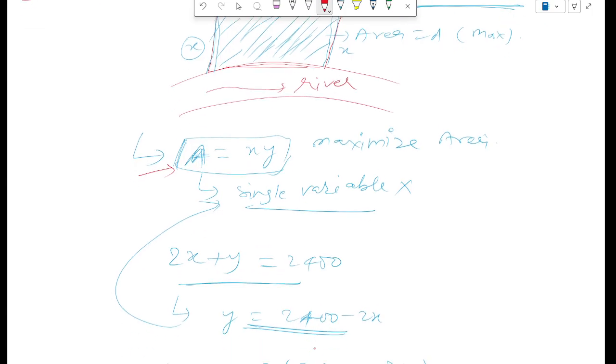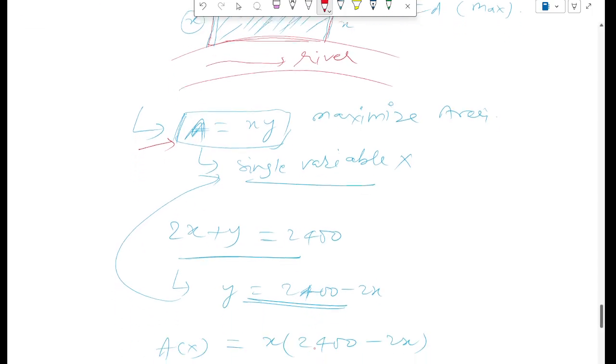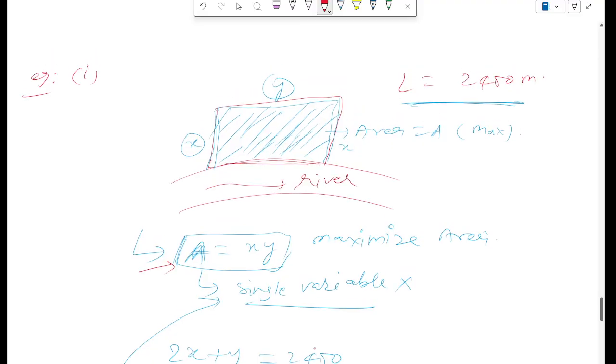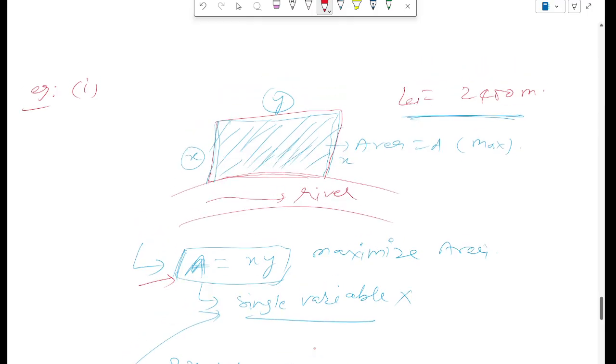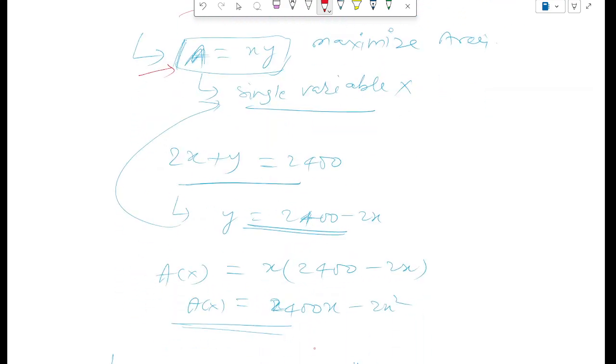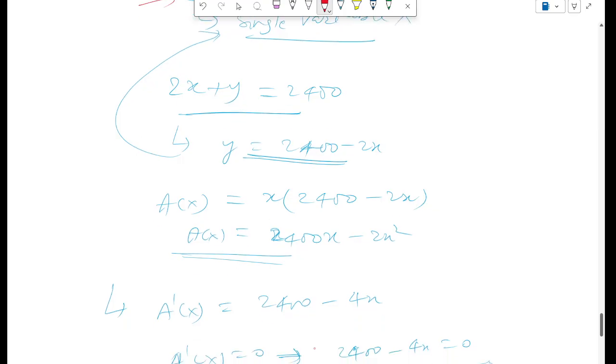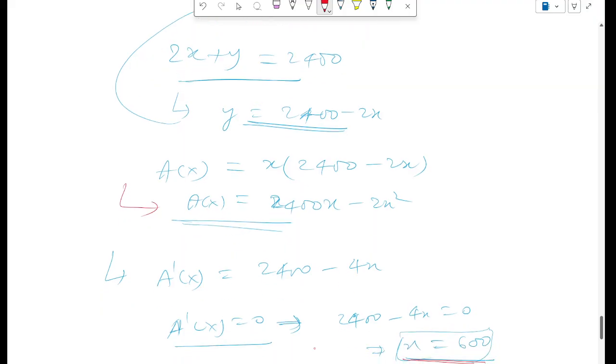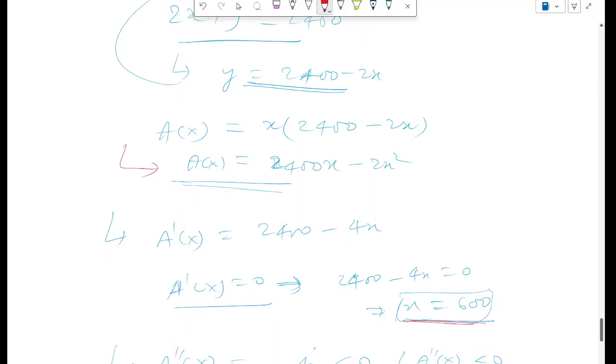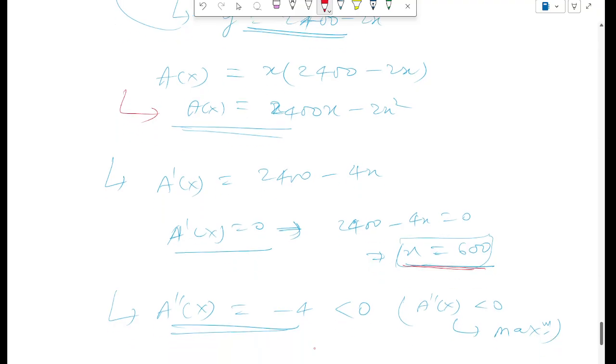And later we manipulated x and y based on the given constraint, that is, total length equal to 2400. Using that, we made this area function a single variable function, so that we can apply first and second derivative tests to find the maximum and minimum value of this function.